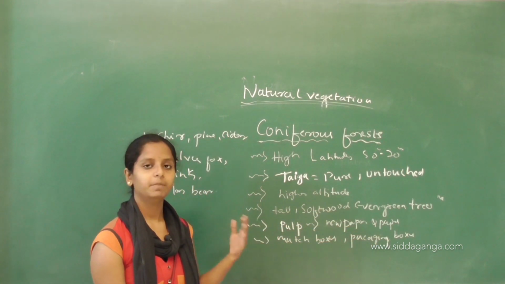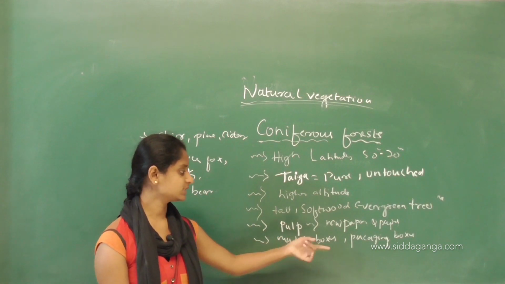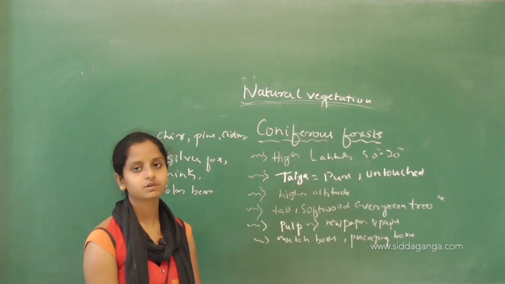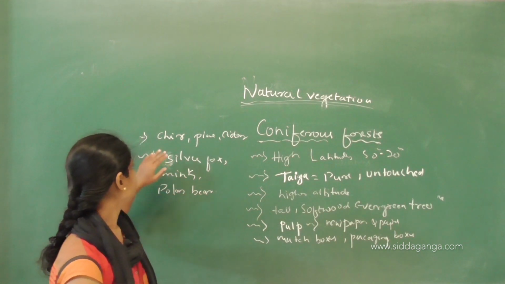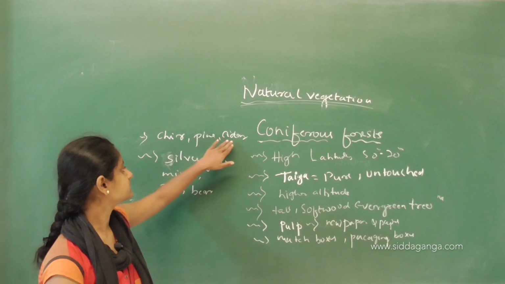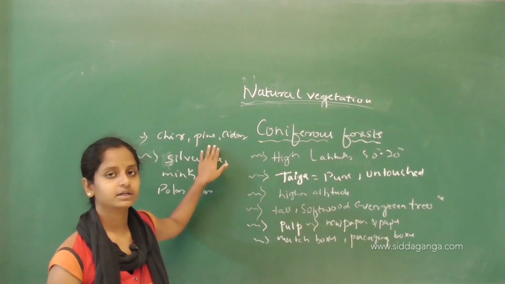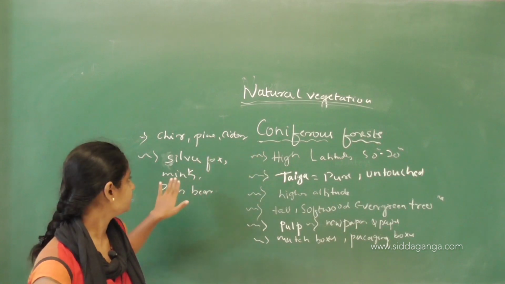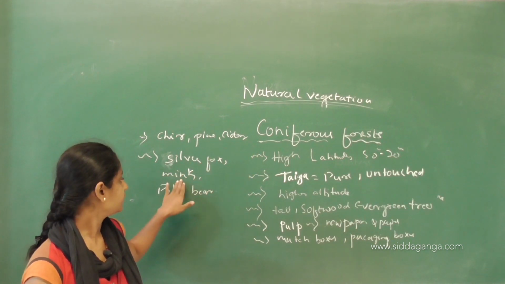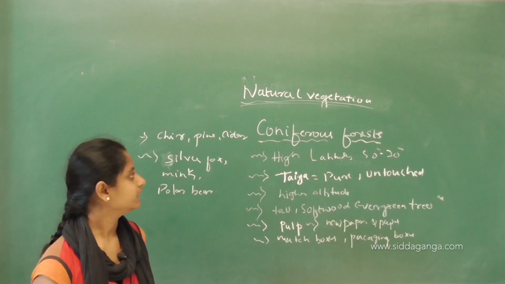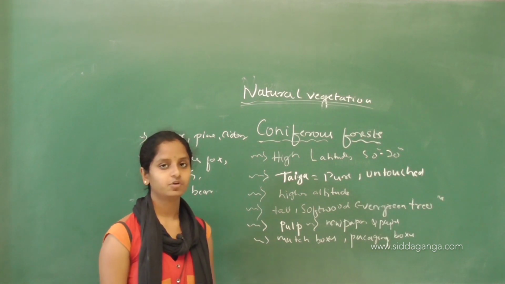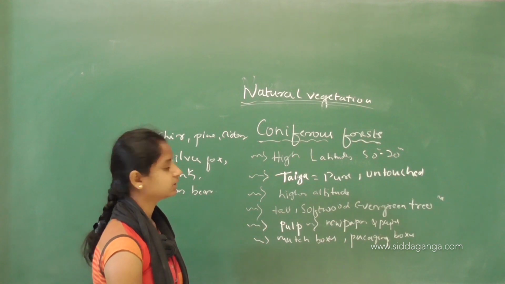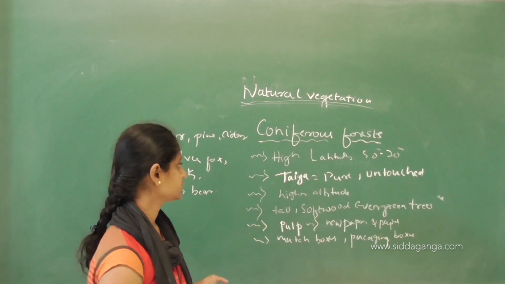And by the trees we can make match boxes, packaging boxes, etc. Like that the trees will be useful. And we can see chir, pine, cedar trees in this coniferous forest, and silver fox, mink and polar bear. So we have seen many things in the coniferous forest.